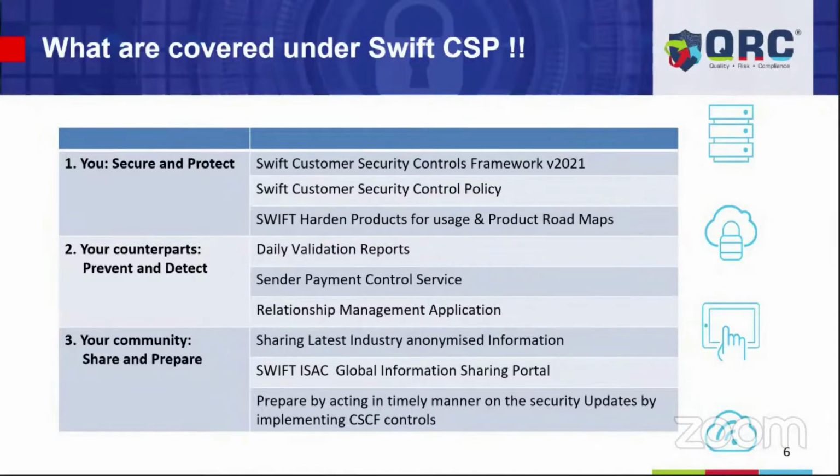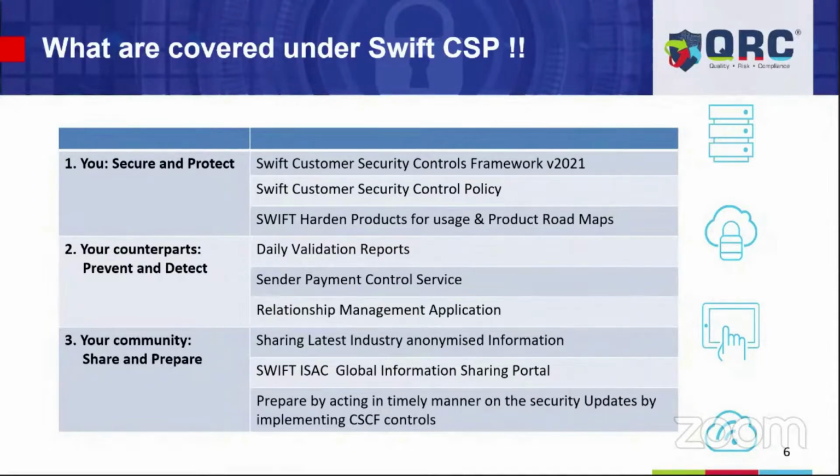Definitely, SWIFT also provides a lot of hardened products for users communicating with the SWIFT network and doing transactions. There is very good information available, and this is how we can achieve secure and protect.